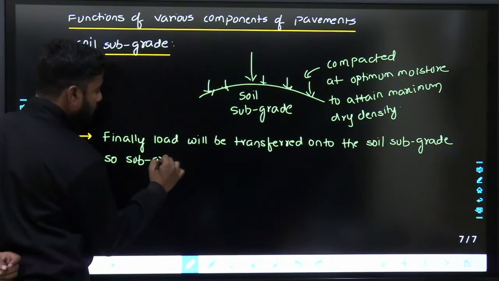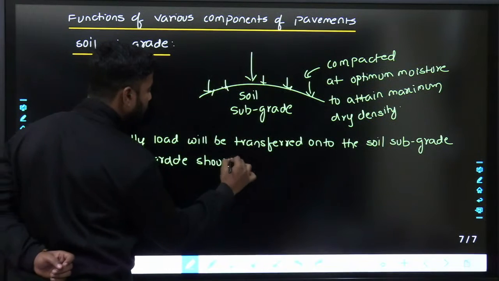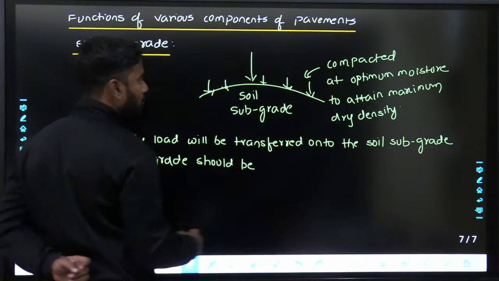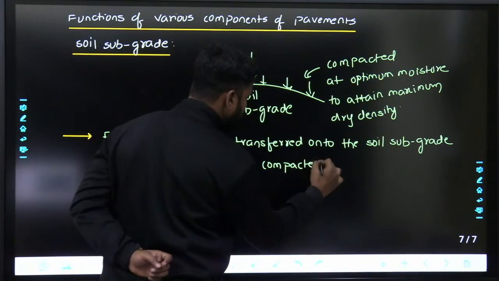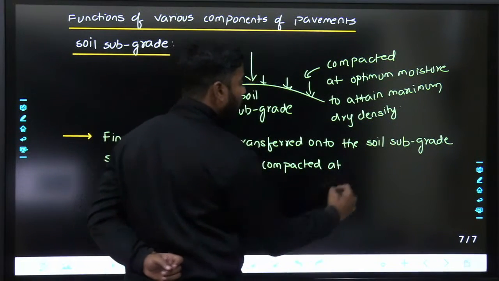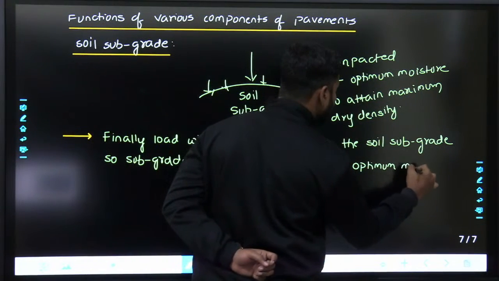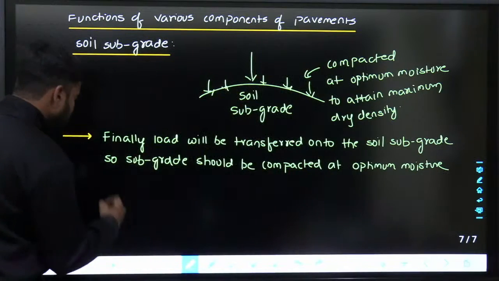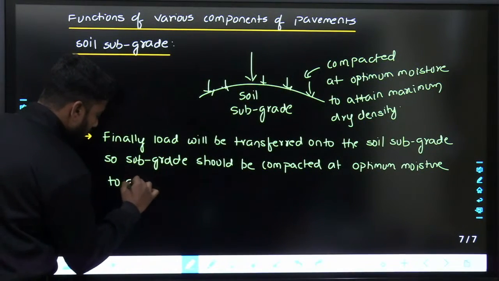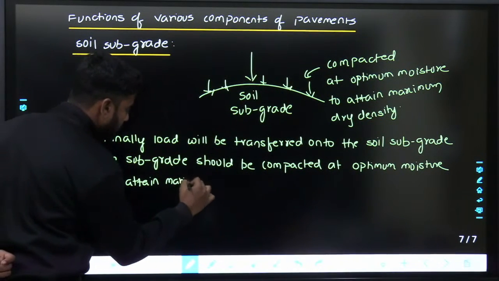Subgrade should be compacted at optimum moisture content to attain maximum dry density.